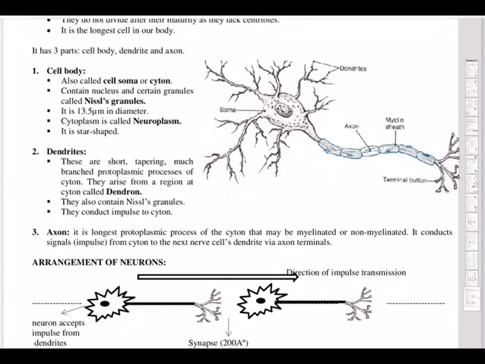And next one, motor neurons. They connect the central nervous system to muscles and glands and bones. They carry motor impulses from the central nervous system. Orders that are given by the brain will be brought to the muscles, bones and glands, so that there will be a response by the organ, from the central nervous system to the effectors.